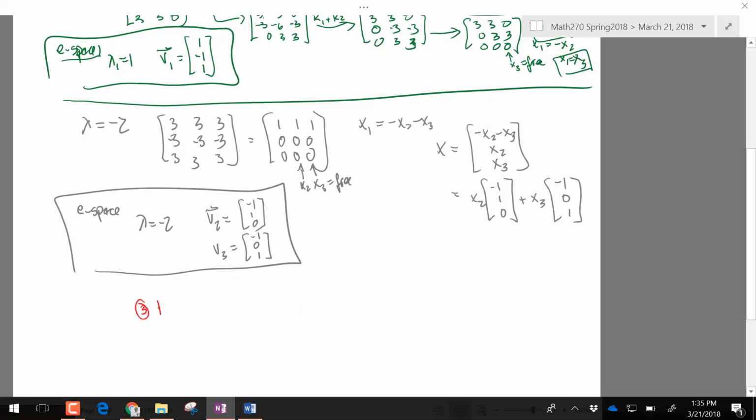Step 3, form your P matrix. So your P matrix would just have these V1, V2, V3 as column vectors. So P is equal to V1 is 1 minus 1, 1. V2 is minus 1, 1, 0. And V3 is minus 1, 0, 1. They look awfully close to being linearly dependent, but I don't think they are.